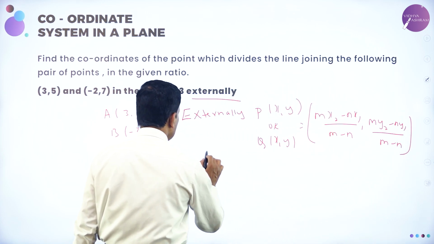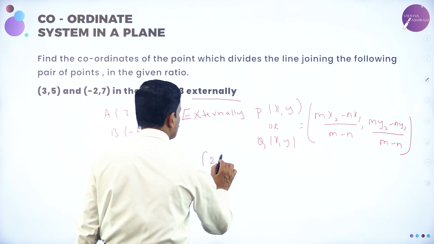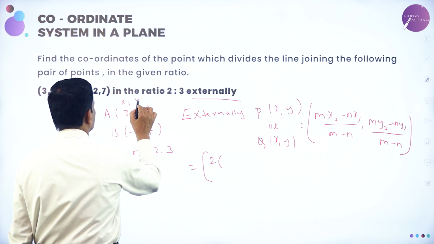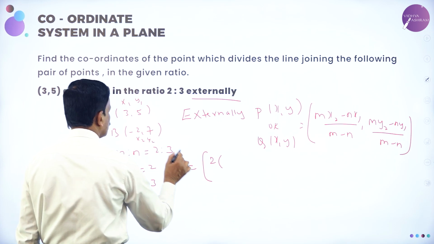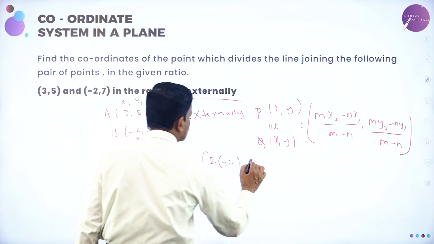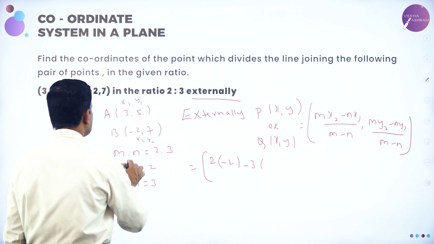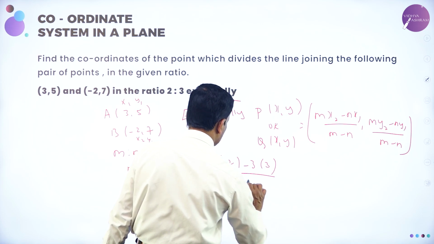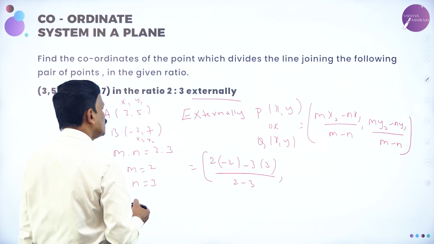So this is equal to, what is m? m is 2 into x2. This is x1 y1, x2 y2. x2 is minus 2, minus n is 3 into x1. What is x1? x1 is equal to 3, divided by m minus n, 2 minus 3.